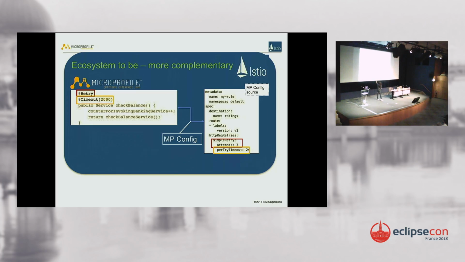Basically, we want to go through MicroProfile fault tolerance and automatically generate Istio config rules, so DevOps can automatically change the parameters. And if Istio cannot handle the fault tolerance, automatically let your application handle it, like HTTPS, for example. I think that's it.